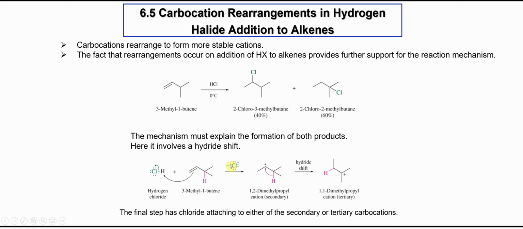Therefore, you produce a chloride, and hydrogen will be bonded with this carbon, and you form a secondary carbocation. A secondary carbocation is less stable. What's going to happen to the pink colored hydrogen on this third carbon? This hydrogen is going to shift, called a hydride shift.